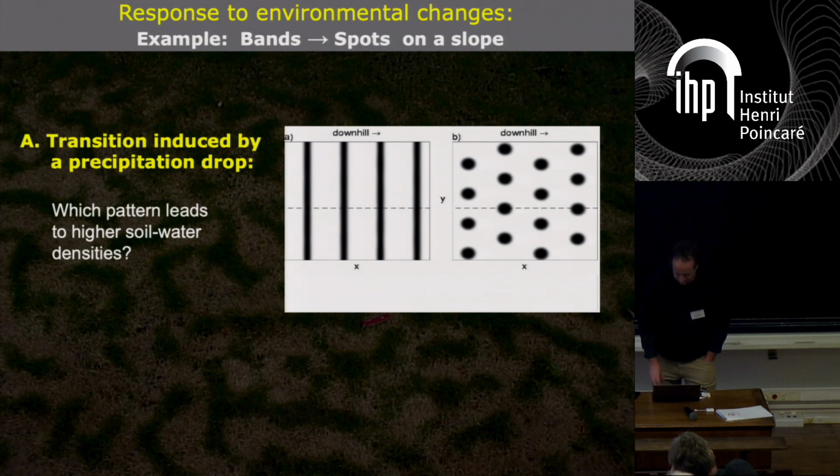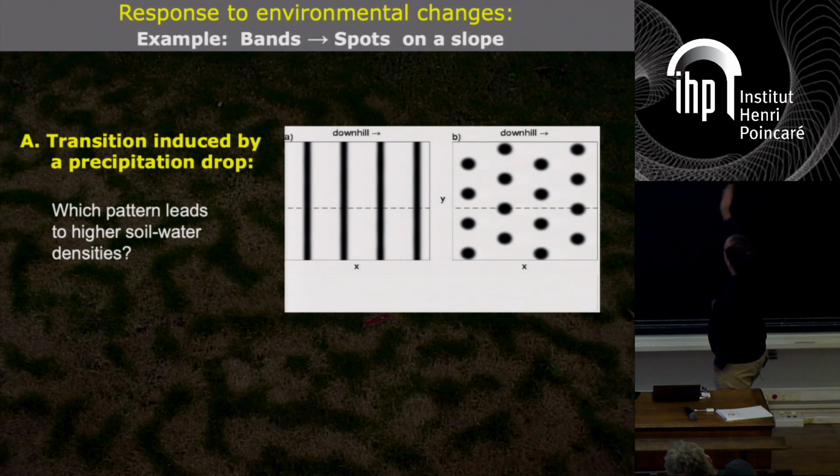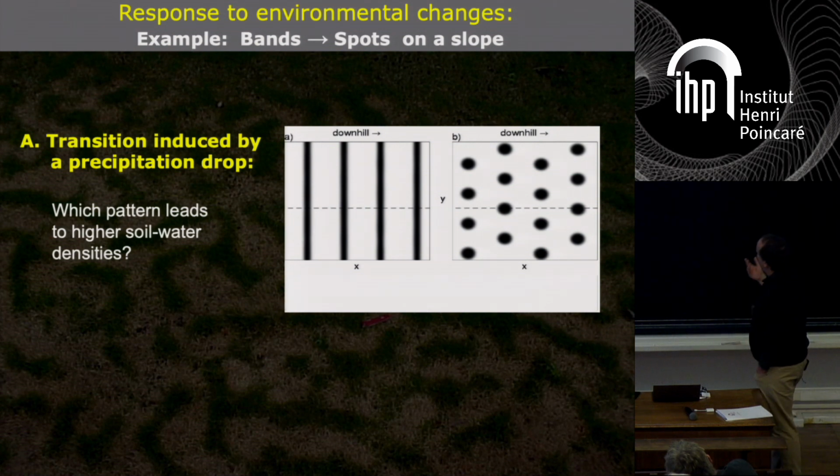For example, think of these two patterns, which are coexisting at the same precipitation level. Precipitation is the same between these two, and since both patterns can coexist, we can have a transition from one to the other, possibly by perturbing the system.